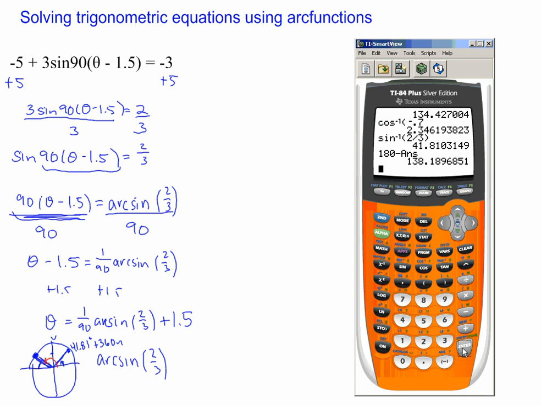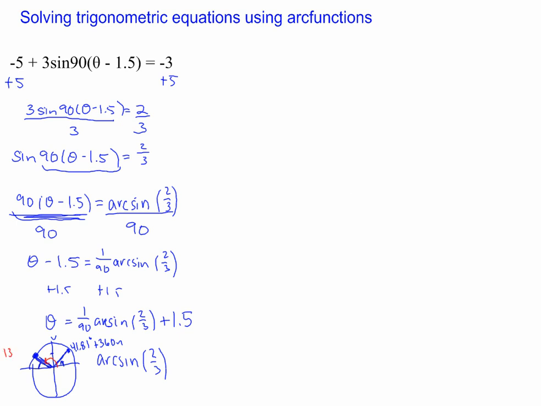Okay, so I'm going to write that down just as 138.19 because I'm just going to retain those rounded values on my calculator, plus 360n, right? So the arcsine of 2/3 is 41.81 plus 360n and 138.19 plus 360n.